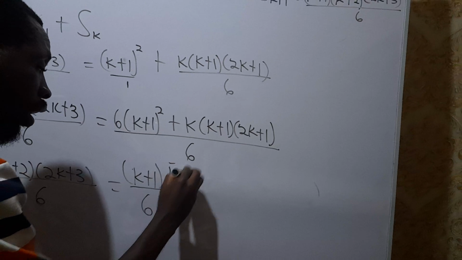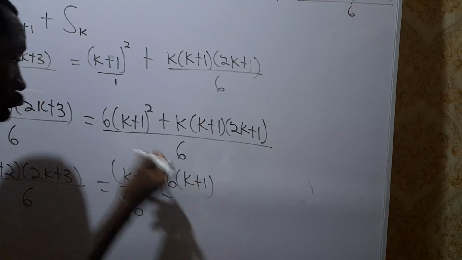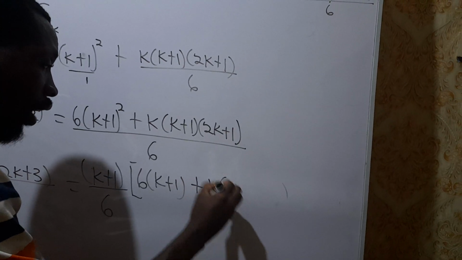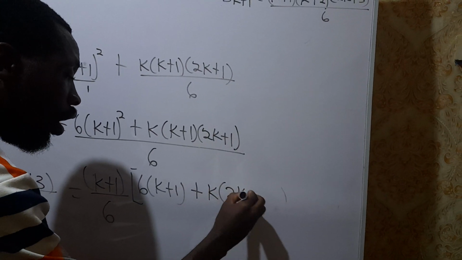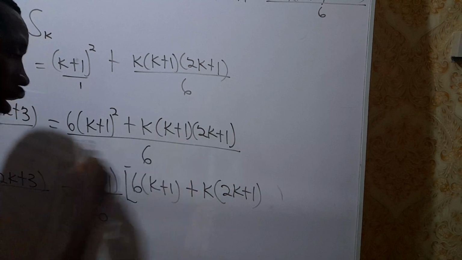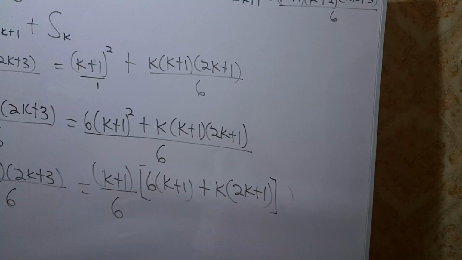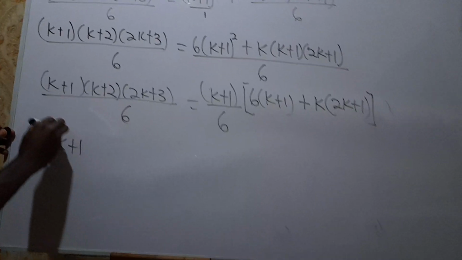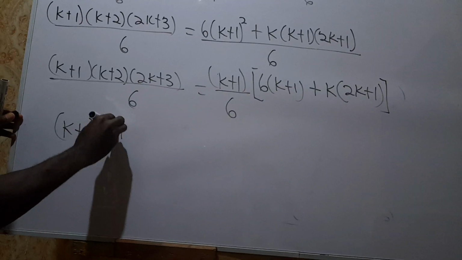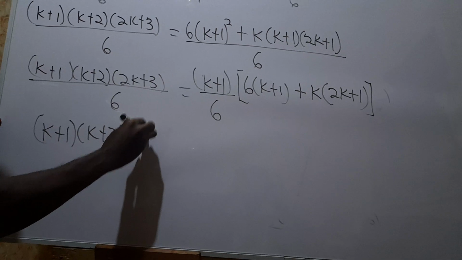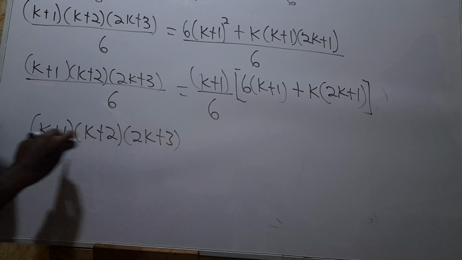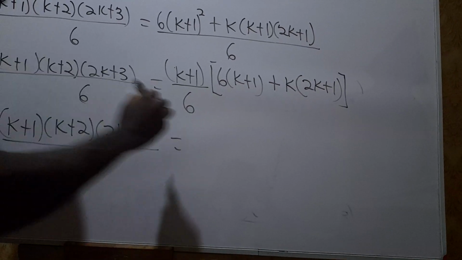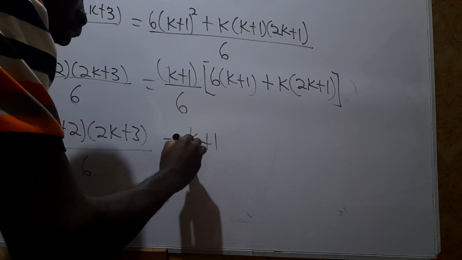We are left with 6(k plus 1) here because we factor one of it out, then plus k(2k plus 1) because this is also factored out. So we have (k plus 1)(k plus 2)(2k plus 3) all over 6 should be equal to (k plus 1) over 6.